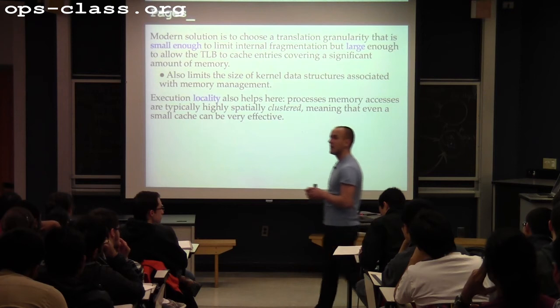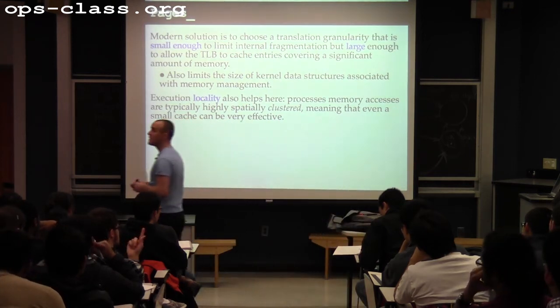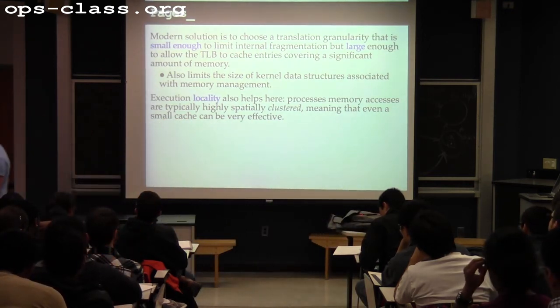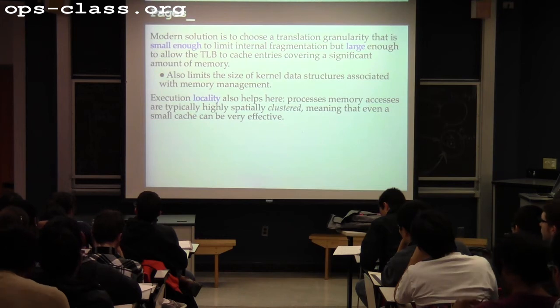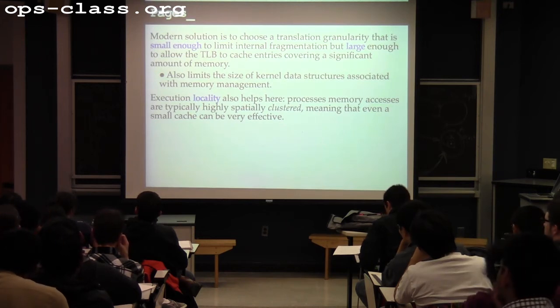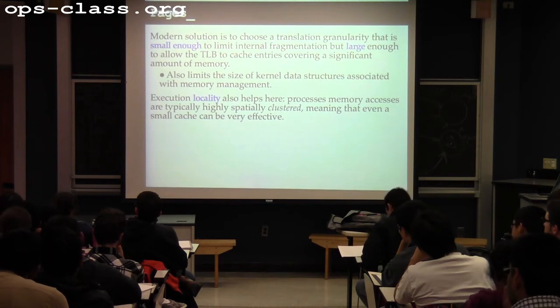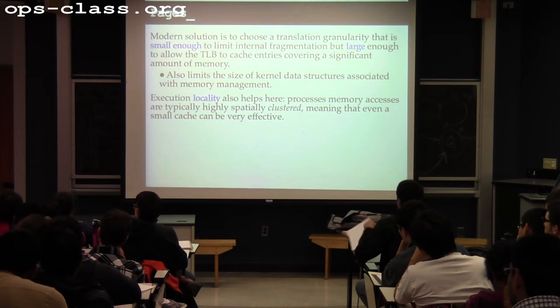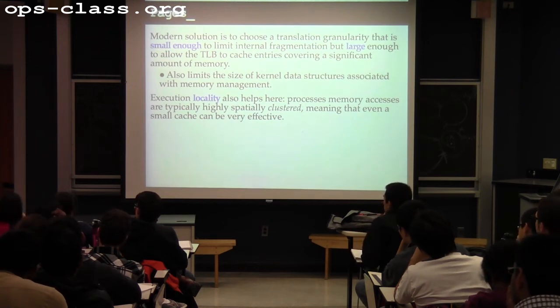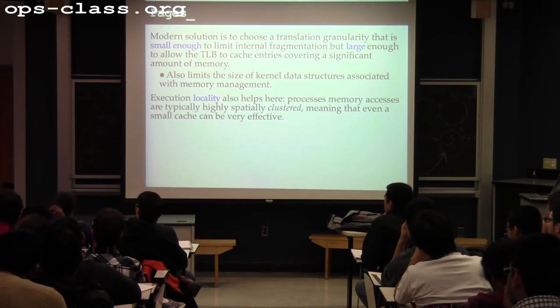If my accesses were random, the TLB would have to have a lot of entries in it to work well. Remember, the TLB is limited in size, so once I fill it up, if the process tries to access a new address, I have to remove something from it. But because of spatial locality, even if I have 32 entries in my TLB or 64, I can still get a really, really good hit rate on this cache.